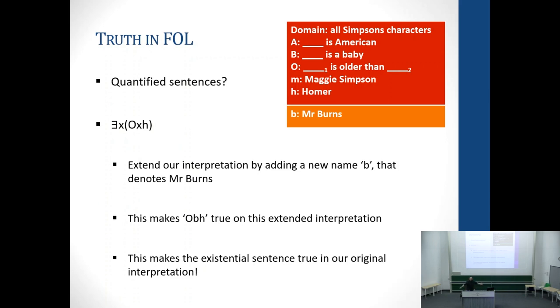Beautiful. So even though we don't happen to have a name for the object, we know it's in the domain, so we can extend the interpretation by adding the missing name to then plug the object in. So an existential will be true if and only if there's some extension where the thing named can then be plugged in.